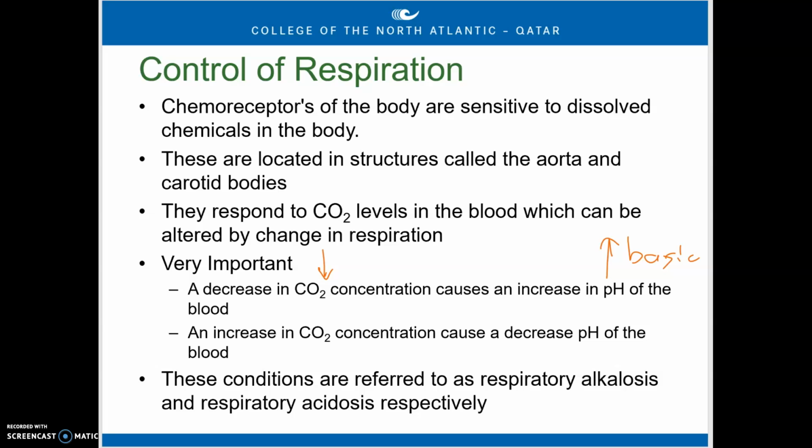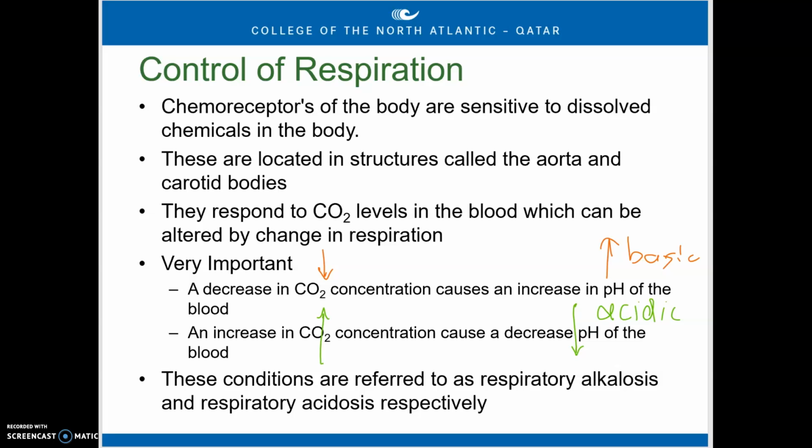Now, if the opposite occurs and the level of carbon dioxide goes up, this is going to cause a decrease in the pH of the blood, and that's going to cause the blood to become acidic. Our chemoreceptors are going to function so that our blood stays within a specific set pH. So our respiration will change based on these conditions.